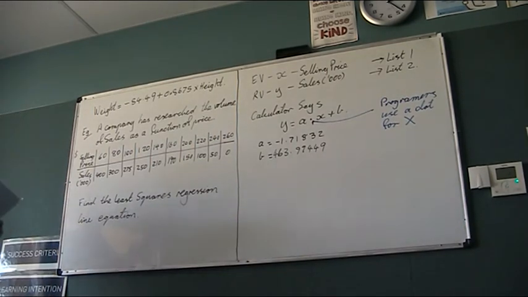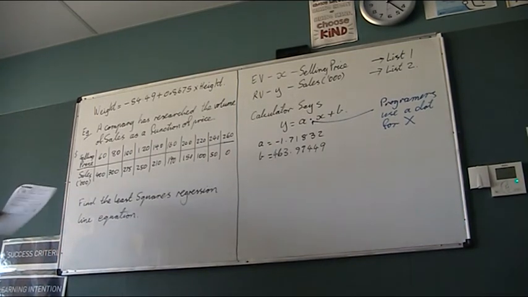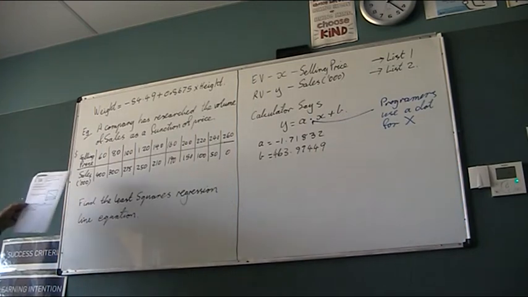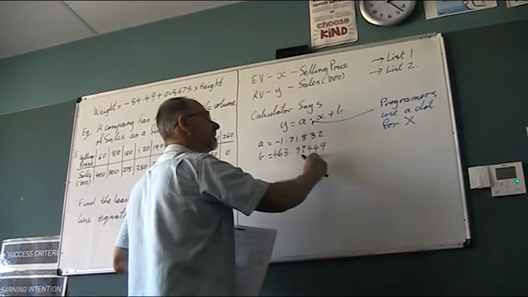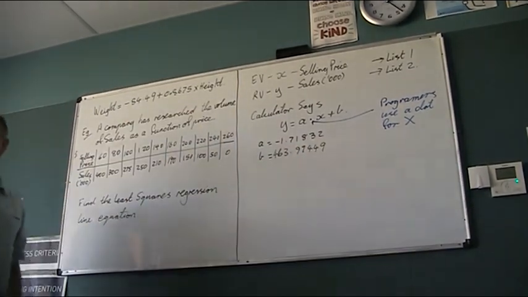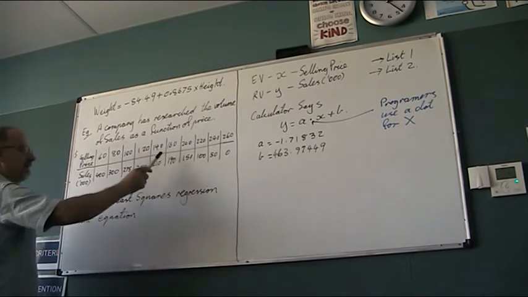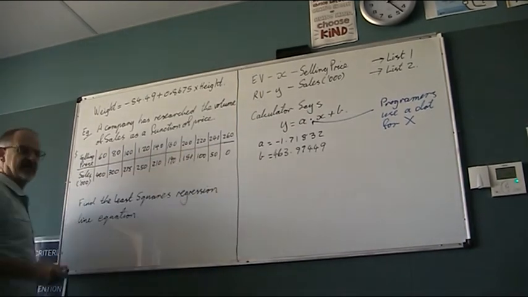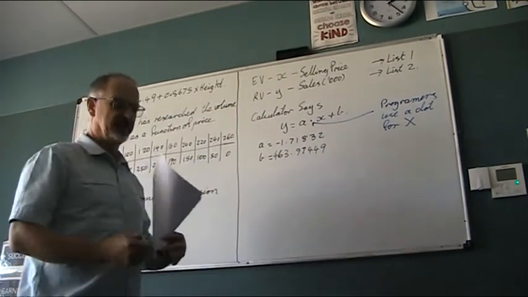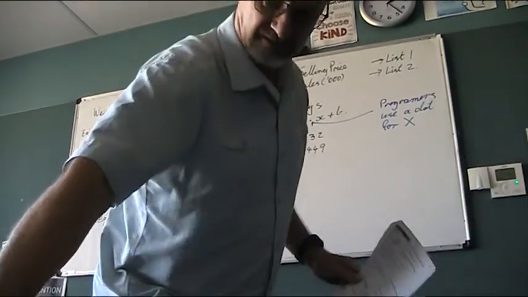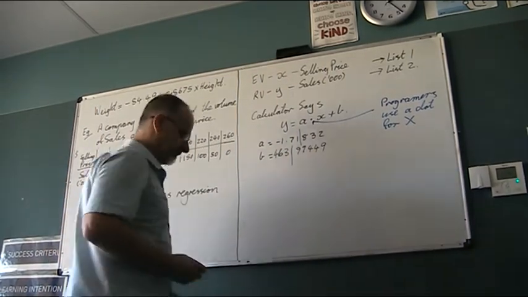Before we go any further, I've noticed I've not done the sheet 100% correctly, because what do I need to do with these numbers? We need to round them to the right number of figures. The vast majority of these numbers have 3 figures, so we should be using 3 figures here.